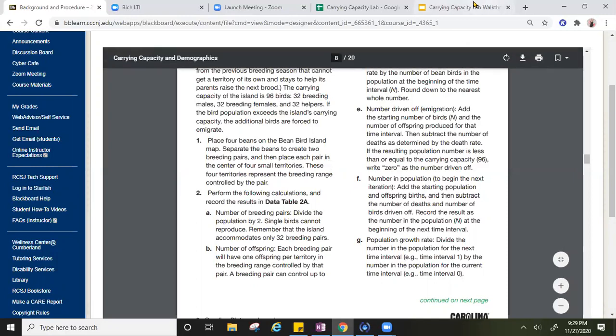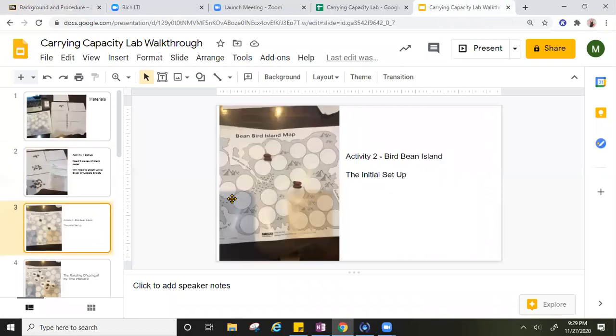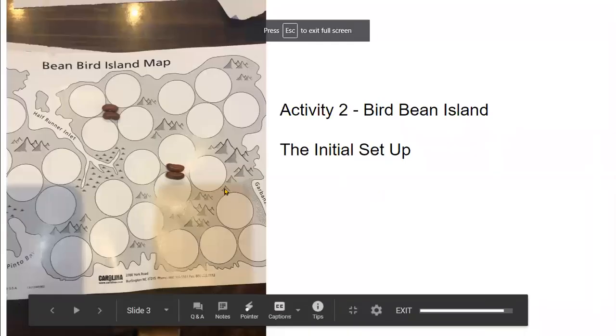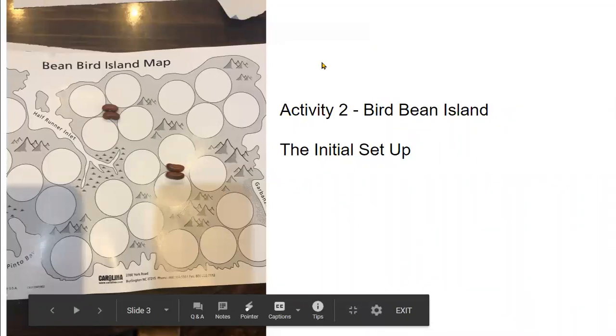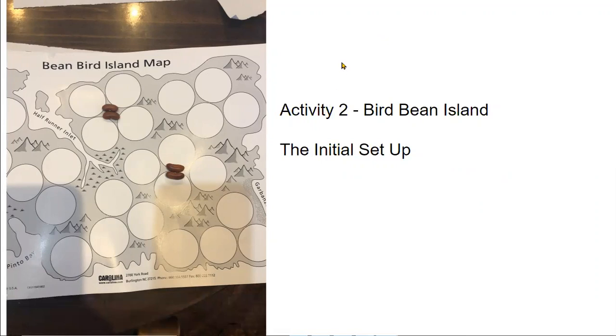This is where I was getting confused because I was like, what do they mean in the center? So this is how I started. At first, I wasn't sure where the center of a territory was. I was like, what is it talking about, the center of a territory? But now it kind of makes sense.